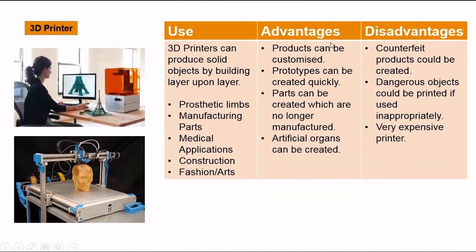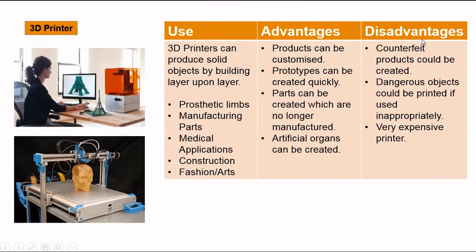What is the advantage? You can make customized products with it, and once the prototype is made, it can be printed quickly, and even parts that are no longer manufactured in a factory can be made using a 3D printer. And like I said, artificial organs, ear, nose, etc. can be created as well using bio ink.